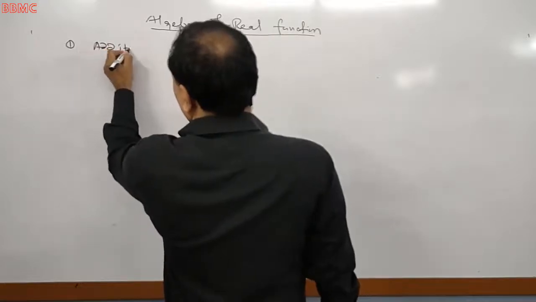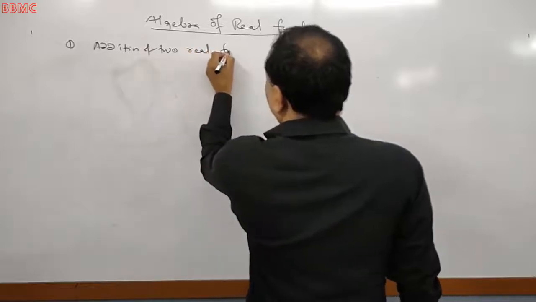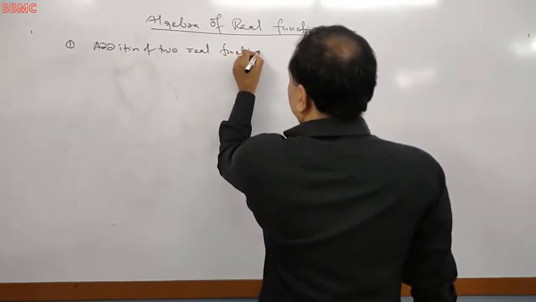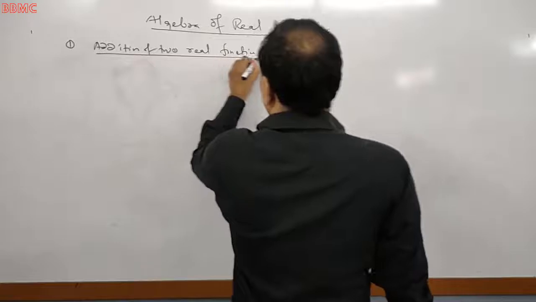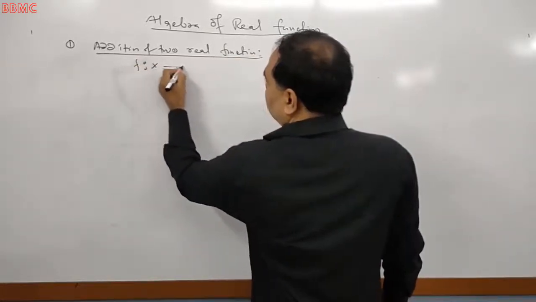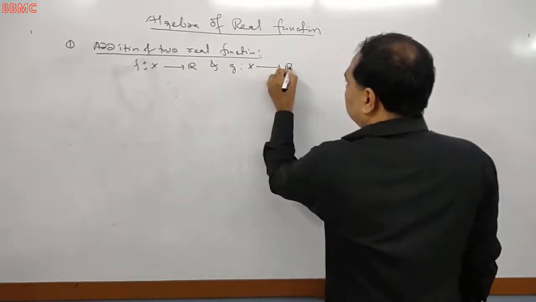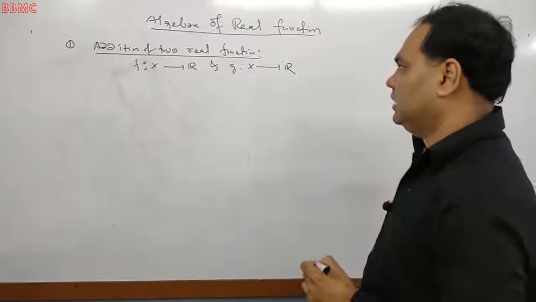Number one, addition of two real functions. It is defined like this: let f be a function from X to R and g a function from X to R, be any two real functions.